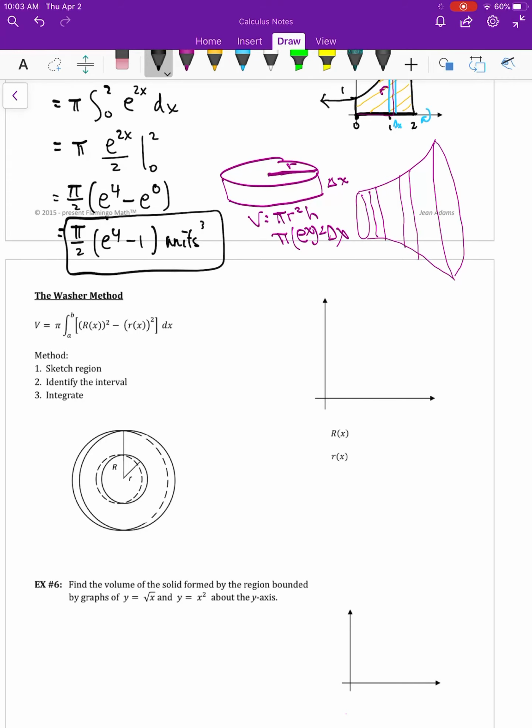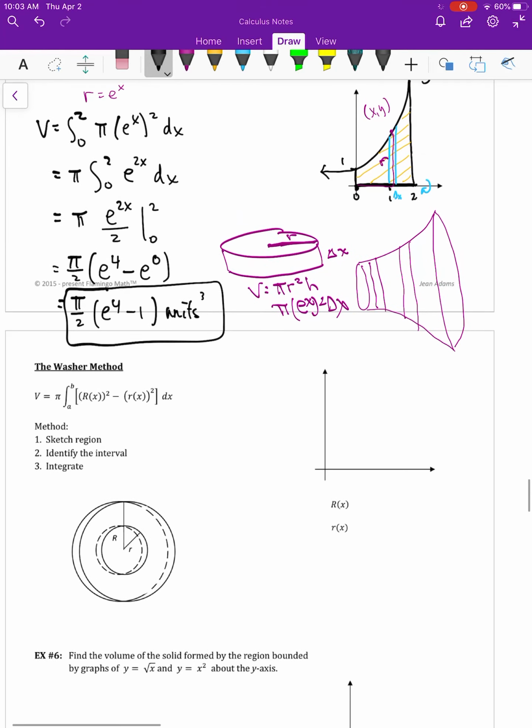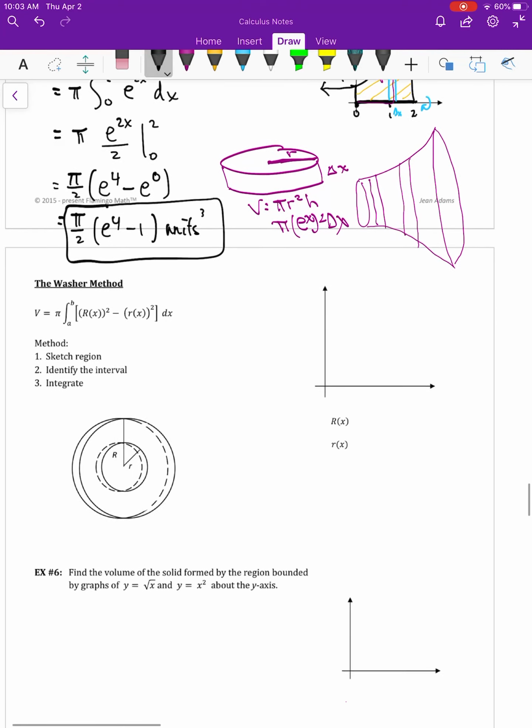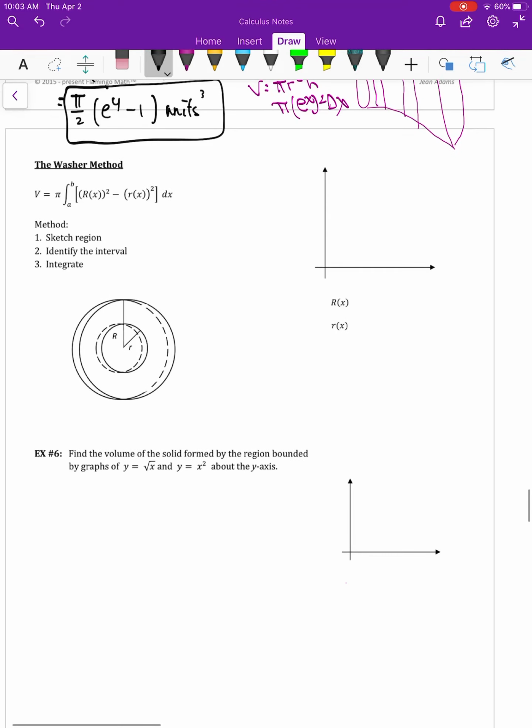Those are all the things where if you spin it, it's an actual solid piece of three-dimensional something. The washer method, what ends up happening is when you spin it, part of it has a hole. So instead of having a disc, you end up having like a donut, which looks like a washer, like this picture right here, okay?